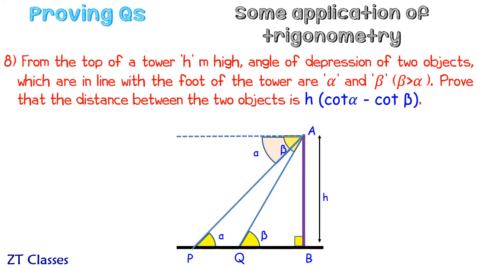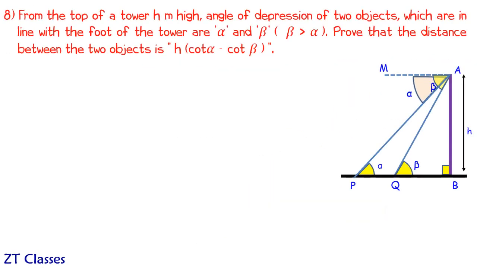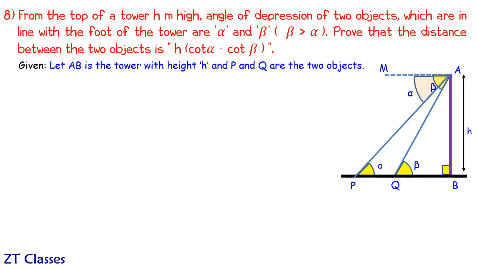Let's see the solution. So here it's given that AB is your tower and P and Q are the two objects whose angle of depression is taken. And for the first object Q, angle MAQ is same as angle AQB, which is beta degrees.